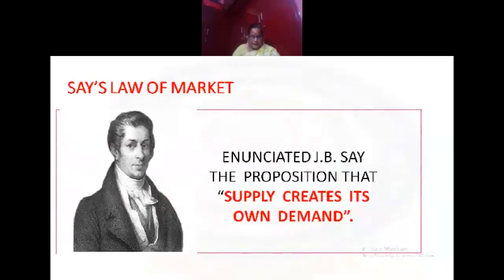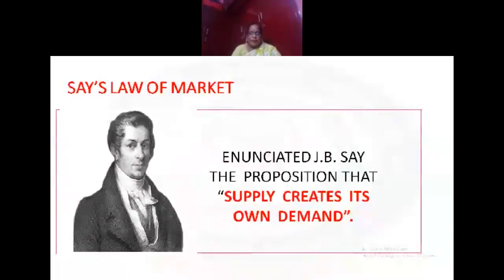He was influenced by the writings of Adam Smith and David Ricardo. David Ricardo's speech was heard and theories were seen by J.B. Say. J.B. Say enunciated the proposition that supply creates its own demand. His law is supply creates its own demand.